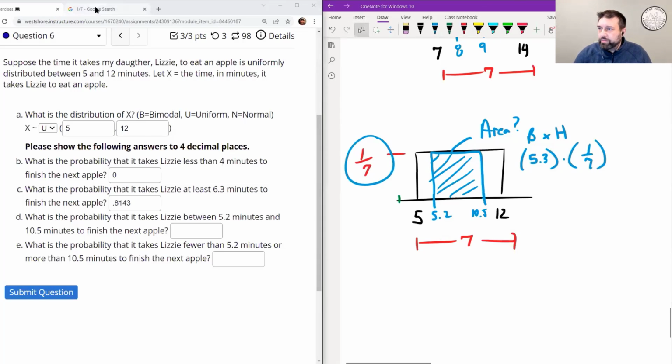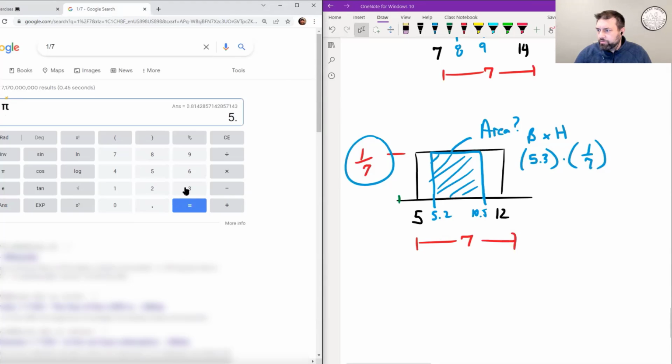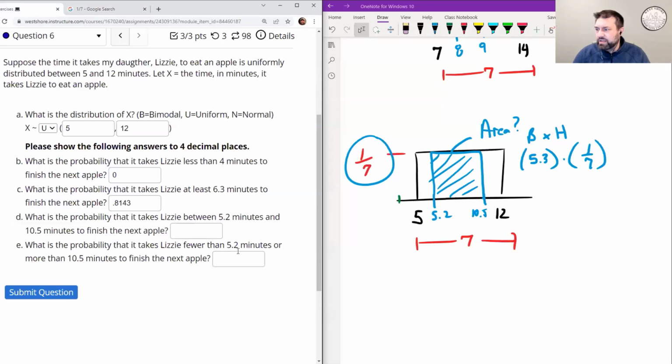So if I take 5.3 and I divide it by 7, I get about 75%. So I'm going to copy this number and I'll paste it in here. And I'll round it to 4 decimal places. So 75.71. That is the probability that it'll take Lizzie between 5.2 and 10.5 minutes.